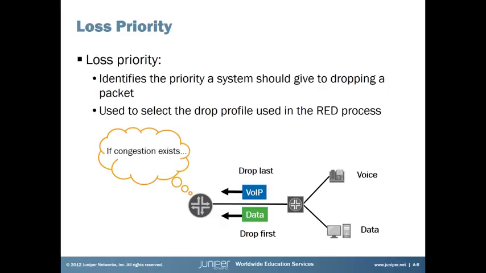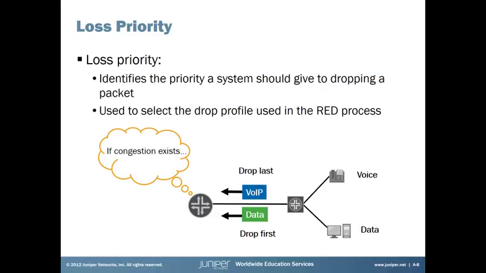But if it goes over that amount, we're going to change the loss priority on traffic that goes over a certain bandwidth, so that if our network is going well, with no congestion on our network, your traffic will get passed. But as soon as we get congestion on our network, bang, we're going to dump that extra traffic that goes over that guaranteed bandwidth limit. That's going to get dropped straight away.